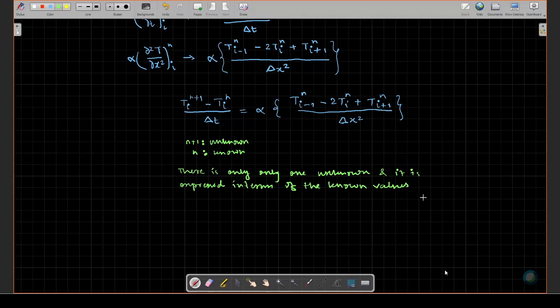Okay, if this condition is satisfied, then the scheme is called an explicit scheme.